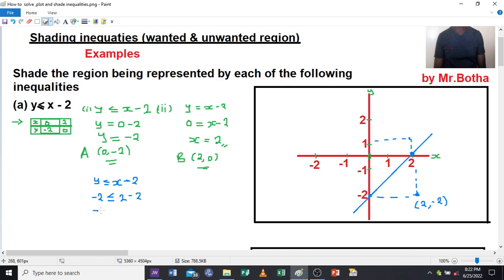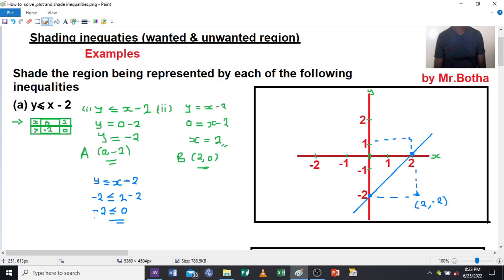Now when you solve this, you are going to have -2 less than or equal to 0. Now here you need to ask yourself, is -2 less than or equal to 0? One statement is true here, right? So one of the statements, if it's satisfied, then you shade that region.